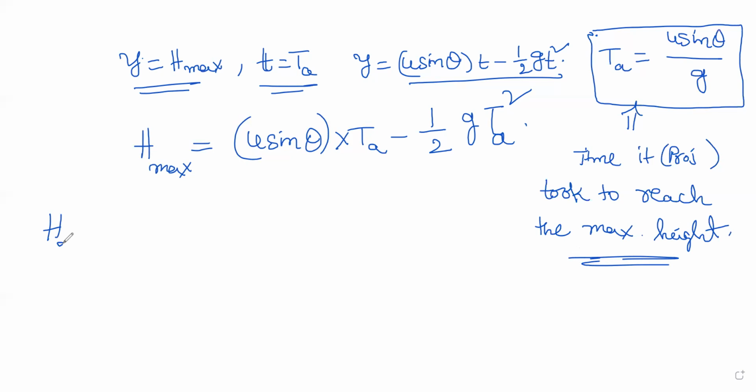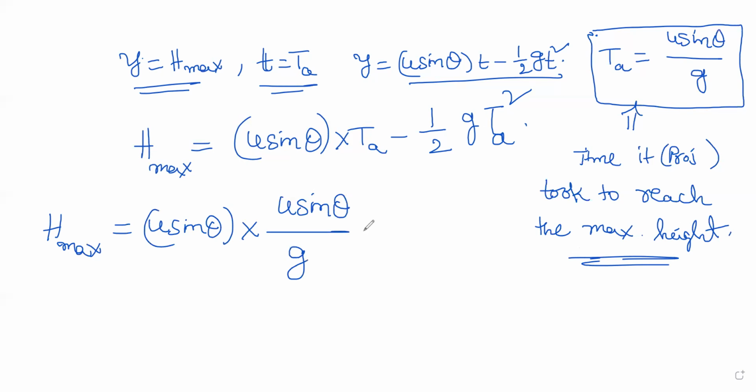So what I get for h max is u sine theta multiplied by ta, that is u sine theta by g, minus half g ta square, where ta square is u square sine square theta divided by g square.